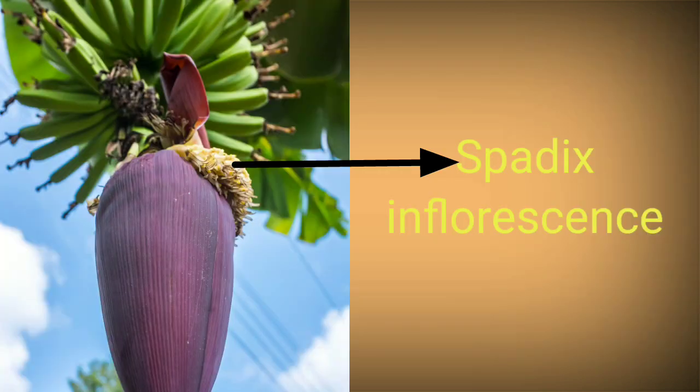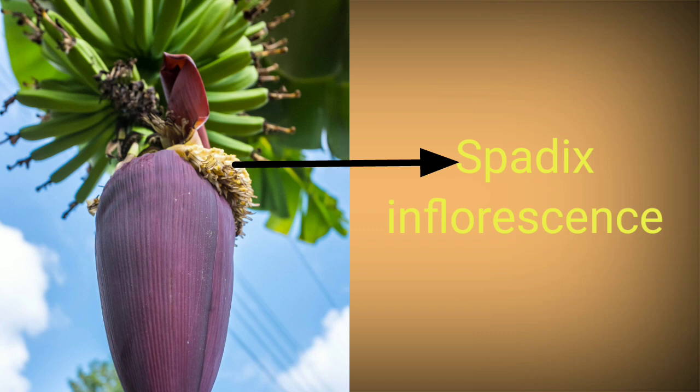Then comes the spadix. In the case of spadix, it is a spike with a thick and fleshy axis covered by one or more large bracts. Examples are maize, banana, colocasia, etc. All this is called spadix. Let's take the example of the banana flower.